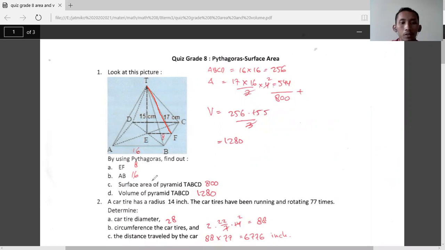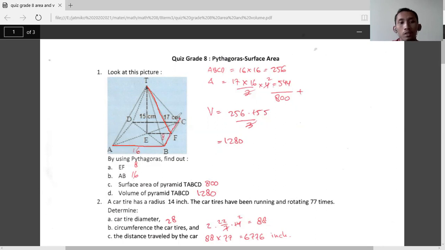And then how about the surface area of PABCD? For the surface area, we need to find the base area and the lateral area. The base area here I write as ABCD.